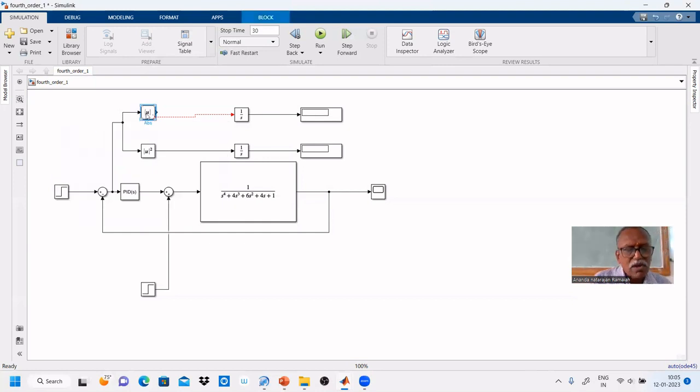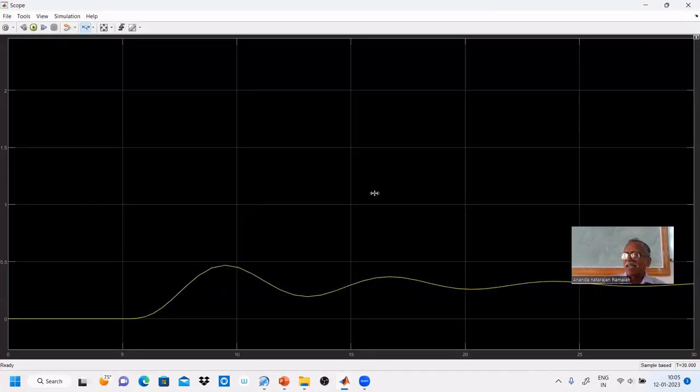Absolute function is available, modulus of U. Then connect. That's all. Now IAE is also available. Now if I run, you will get ISE and IAE for the regulatory response.